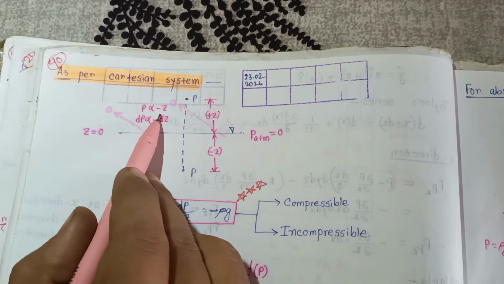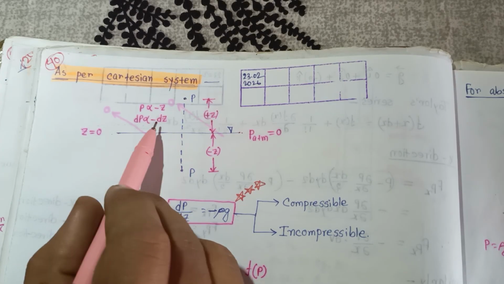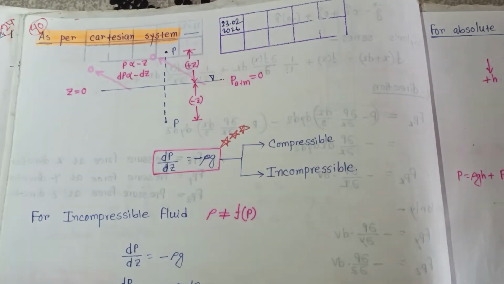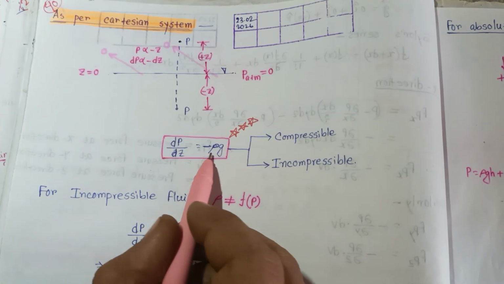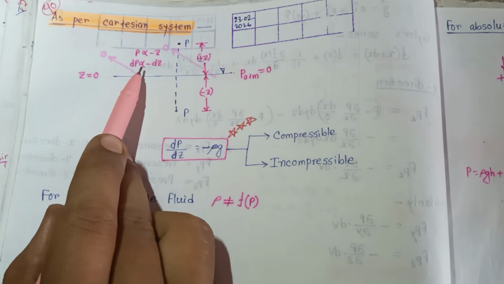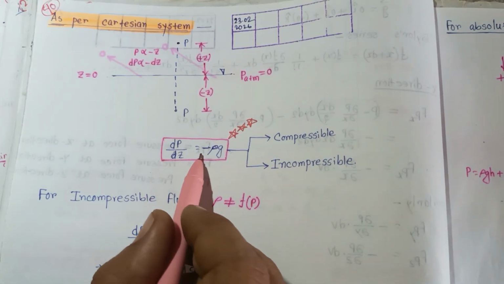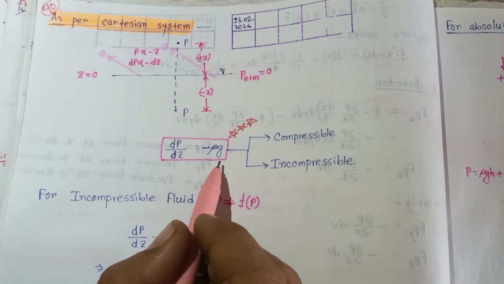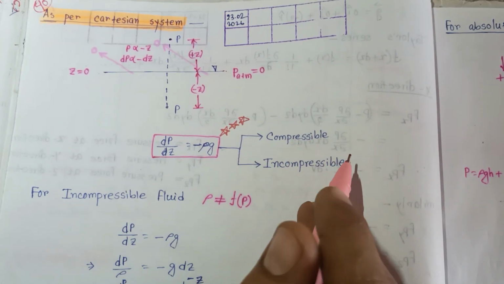So p is proportional to minus z, and dp is proportional to minus dz. For that case dp by dz is equal to minus rho into g. This is applicable for compressible or incompressible fluid both.